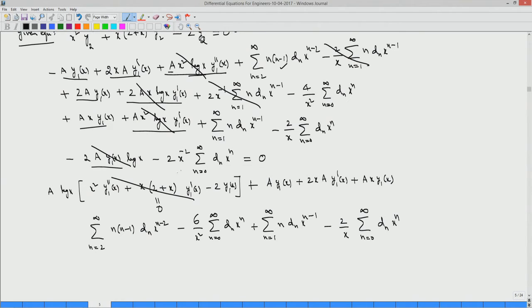So these two together, this one and this one, you put together, that's going to be minus 6, I have written here, and these two as it is here, so that is equal to 0. So this is what we have. So anyway, this has gone, so what is left is only this part. So this is the equation now.